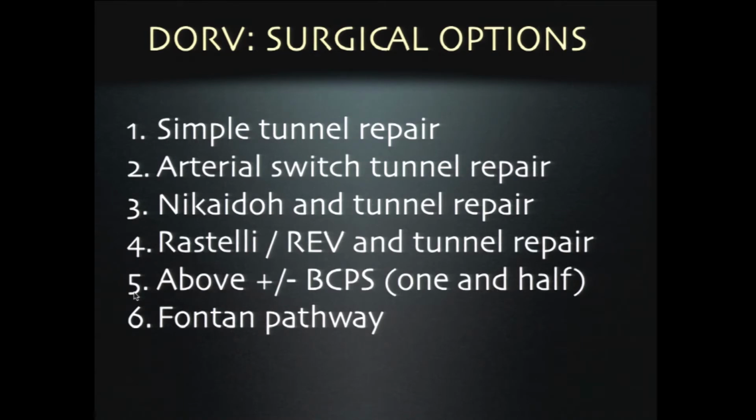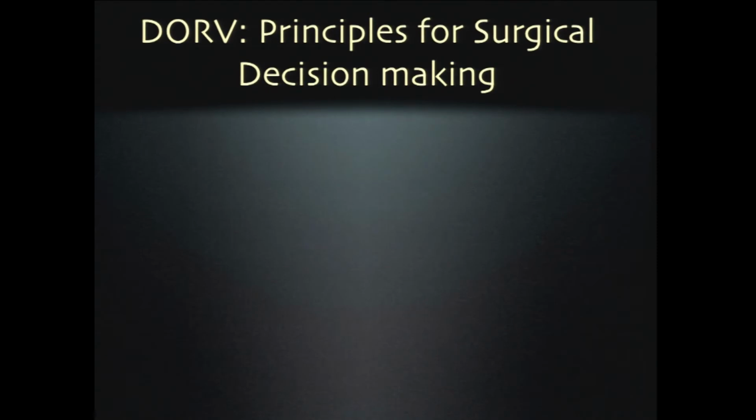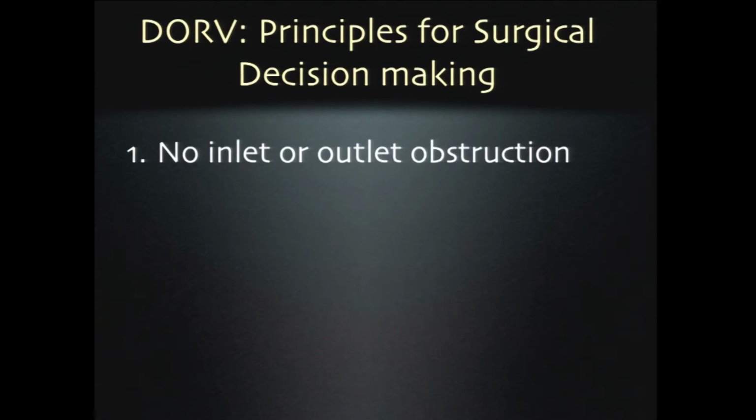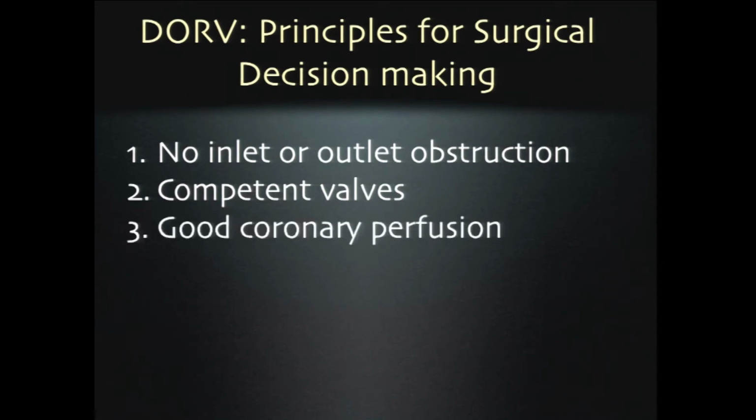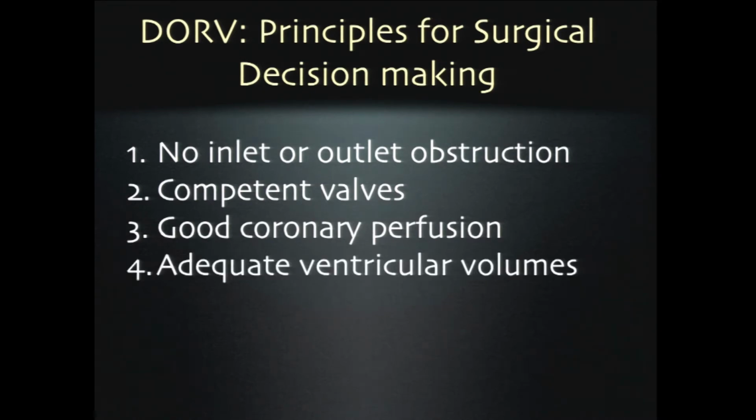That's why the diagnosis of double outlet right ventricle is so important in making the decision for the surgical plan: whether we can do the biventricular repair without any inlet or outlet obstruction, whether we don't harm any vessels, so we keep all the valves competent, the coronary perfusion should be perfect, and adequate ventricular volumes can be maintained.